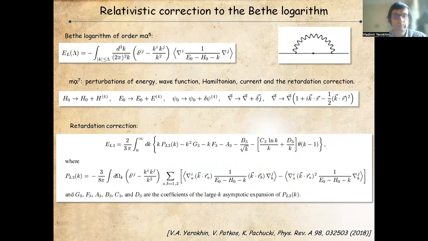For the low energy part, the safest way is to perform full diagonalization of the matrix and do this integration analytically. And for the high energy part, what we do is to fit the k dependence of the integrand to the known form of the asymptotic expansion.